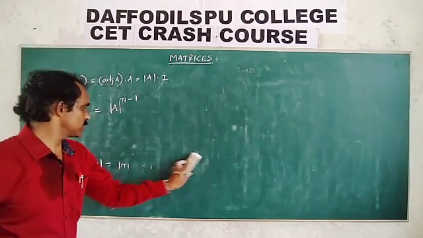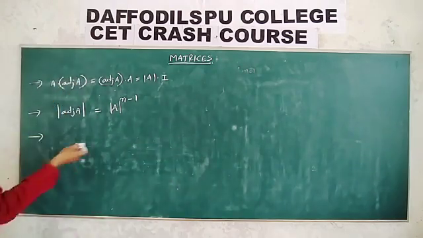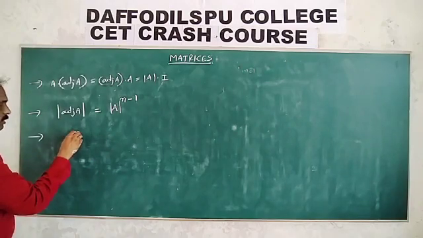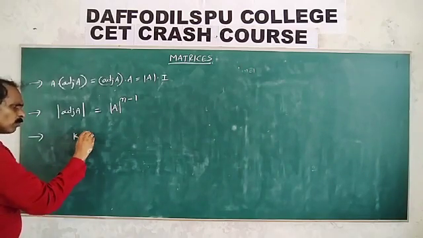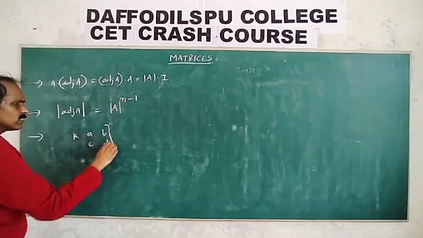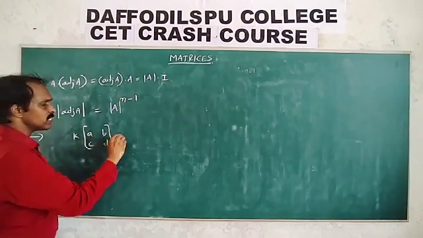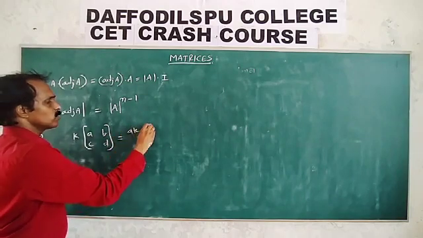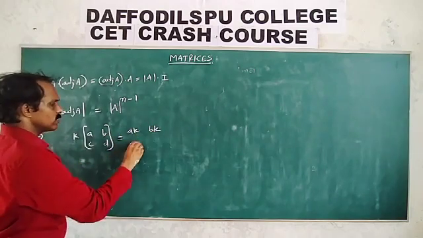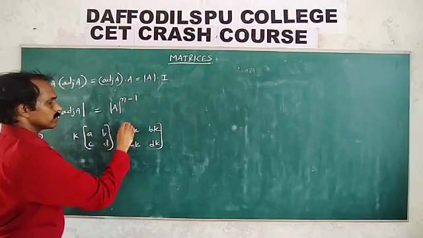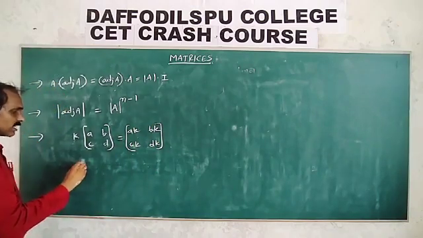One more previous point. Suppose a scalar multiple of a matrix A, B, C, D means this scalar is multiplied with each and every element of the matrix: A into K, B into K, C into K, D into K. But the determinant is not like that.